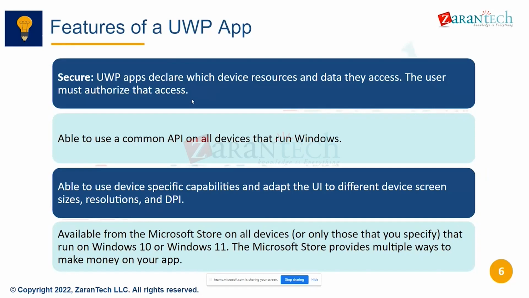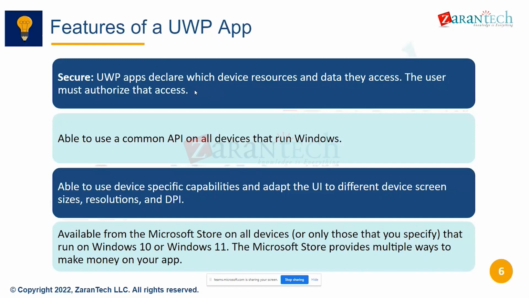So here are some features of UWP. Secure: UWP apps declare which device resources and data they can access. The user must authorize access to them. I will explain why we need these features and their benefits. On security, UWP declares which device resources and data it can access.